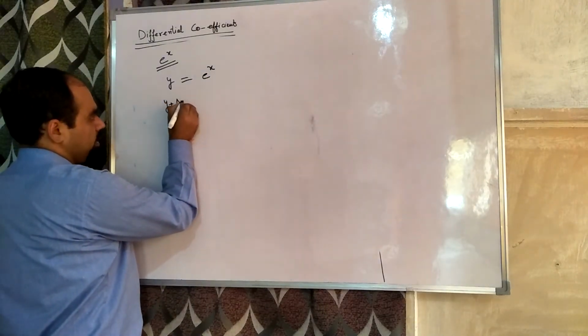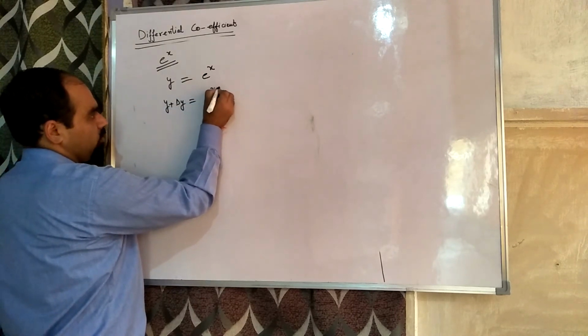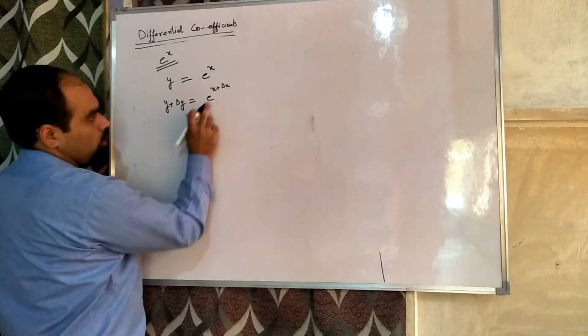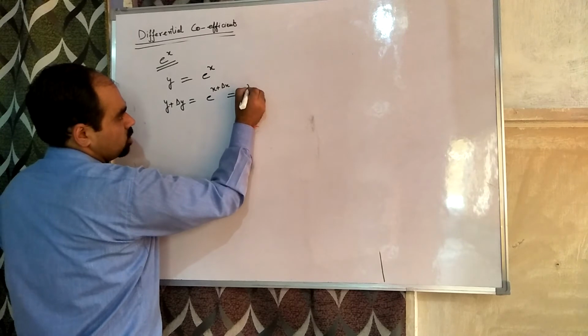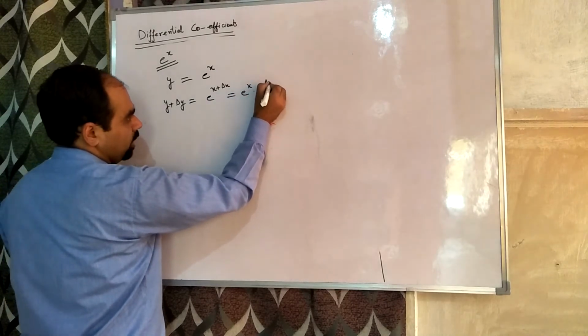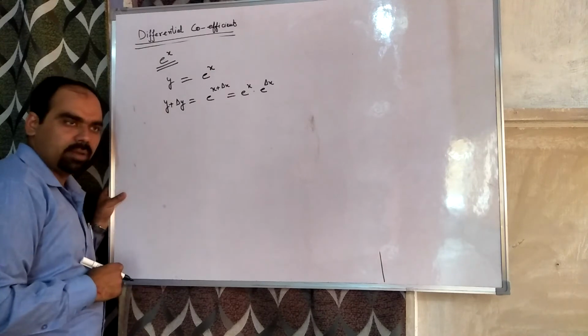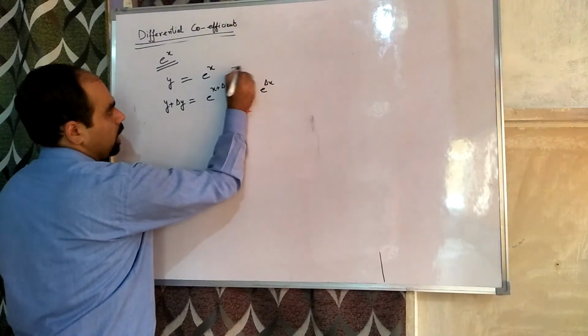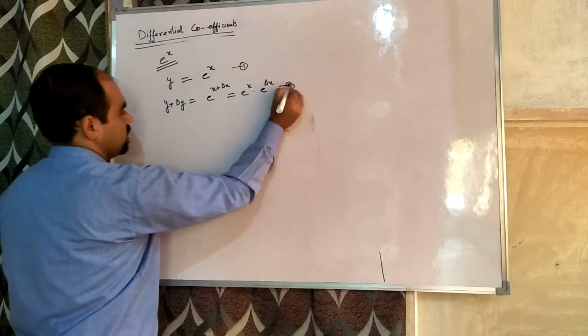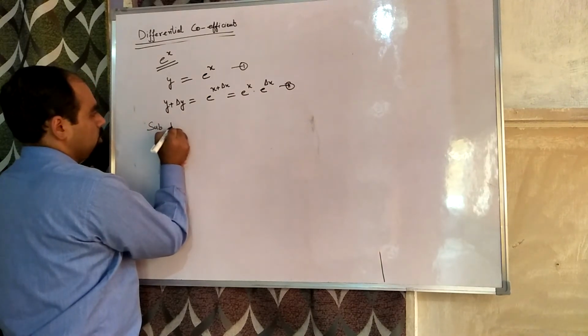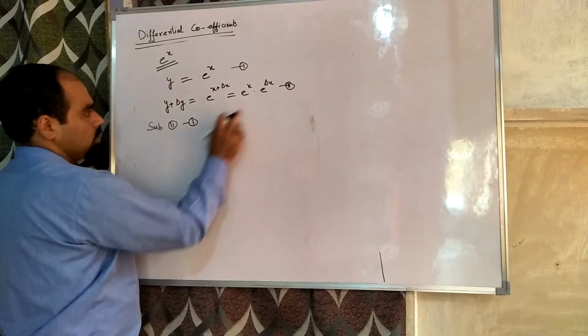Y plus delta y is e raised to power x plus delta x. We can write this as e^x into e^(delta x), because bases are same, powers can be added. So it is just broken into parts. It is first, it is second. Now subtract second minus first.